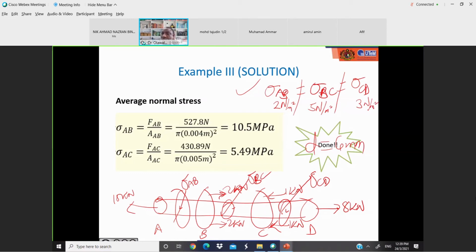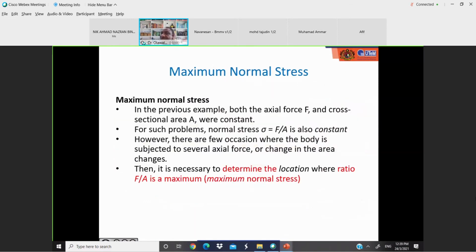Just an example. So in this case, the maximum is at BC. One of the problems is that in some cases you may have to calculate where you have the maximum stress in an object. So we'll be looking at how to determine your maximum normal stress.